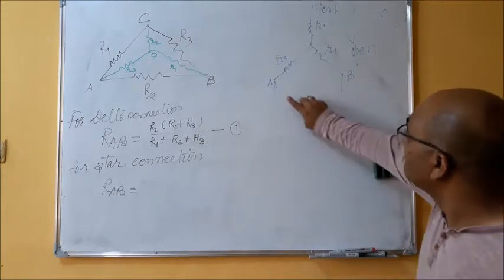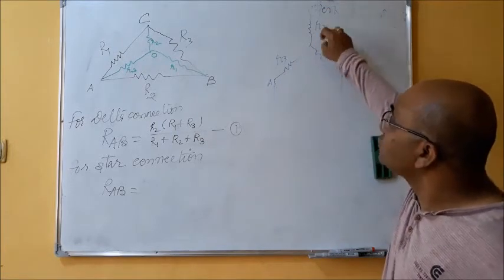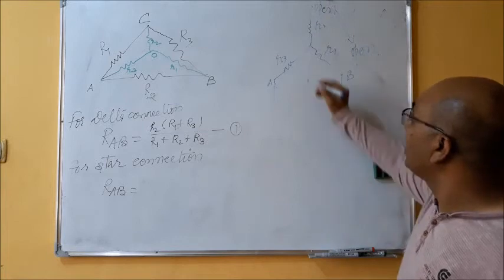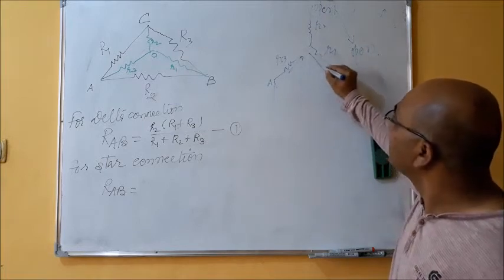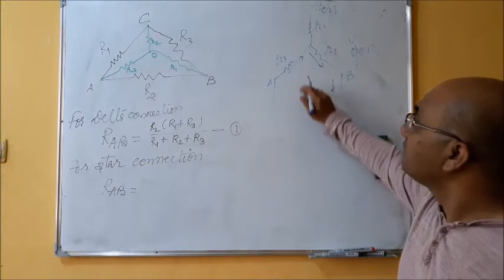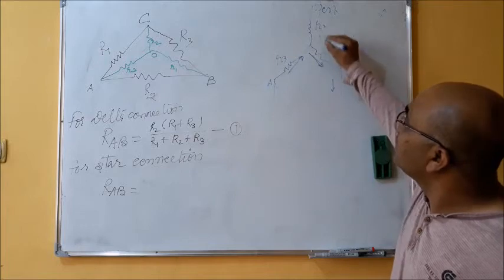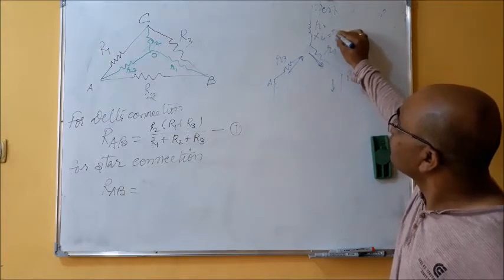So if current is going here and this circuit is open, no current will go there, and hence the current will go like this and the same current comes like this. And if the same current is flowing from this way to this way, there is no current going elsewhere.